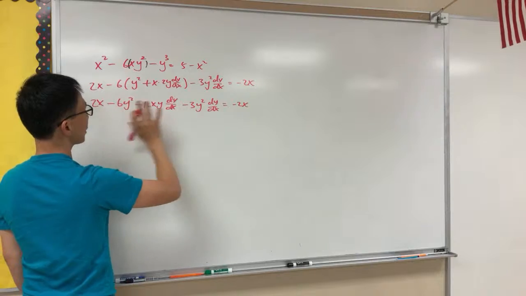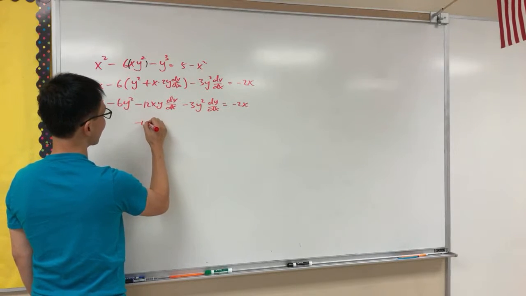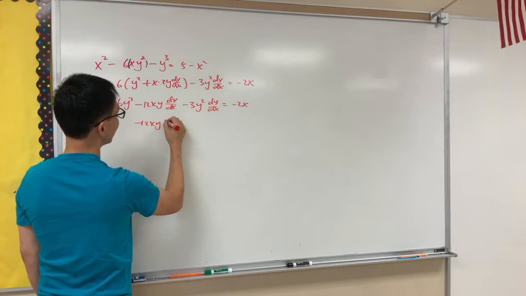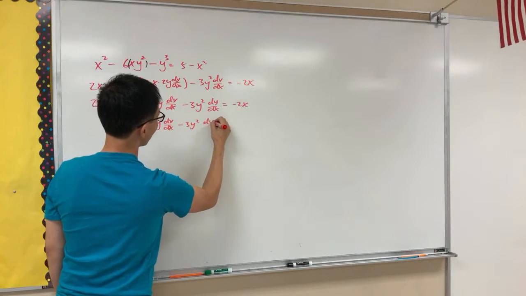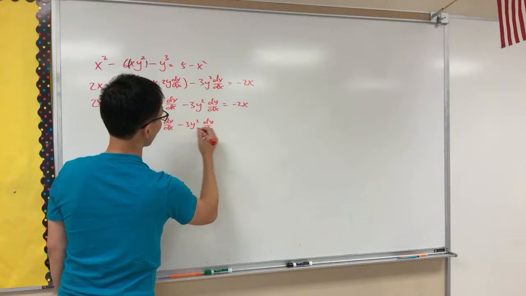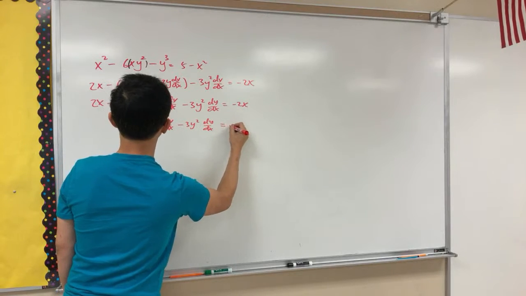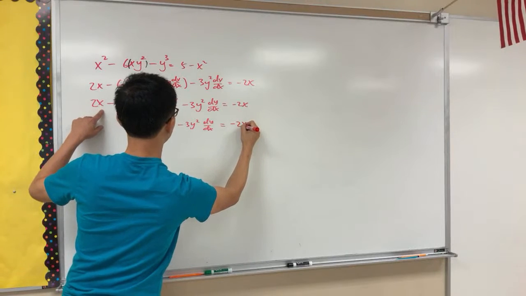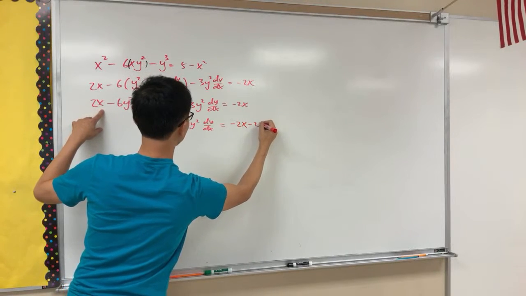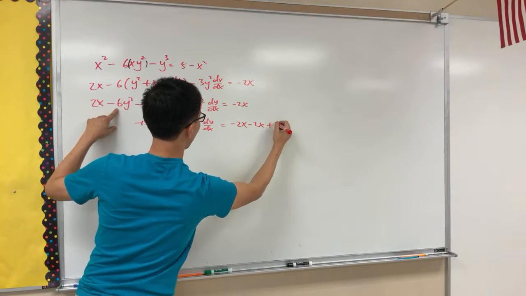Now I'm going to move everything to the right side, so it's going to be minus 12xy dy dx minus 3y squared dy dx. And sometimes I do this all in one step. Is equal to minus 2x minus 2x and then plus 6y squared.